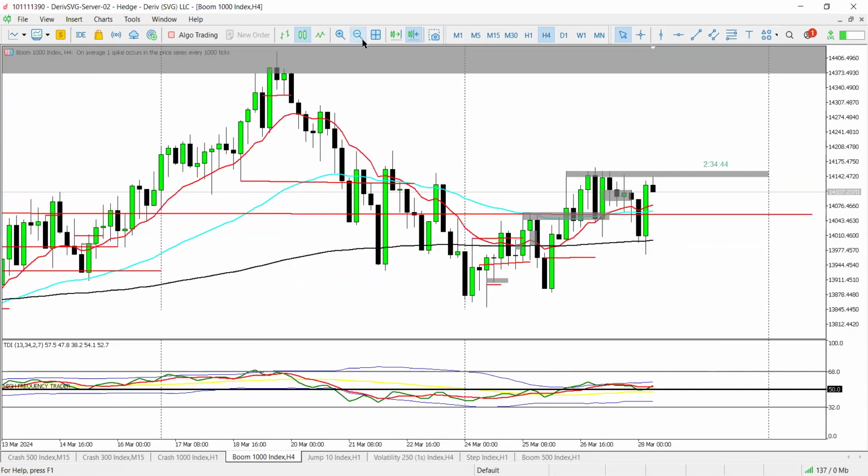H4 looks like we've got a pattern here coming from this low. Low of this week, we broke a structure, came back, chopped a bit, took out liquidity here. I think we hit this level here.